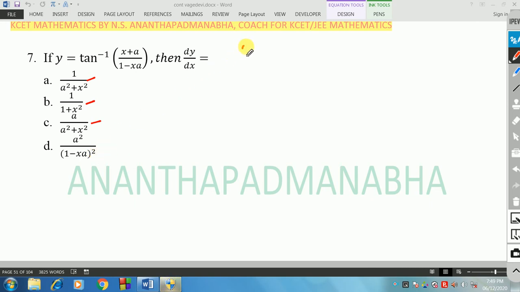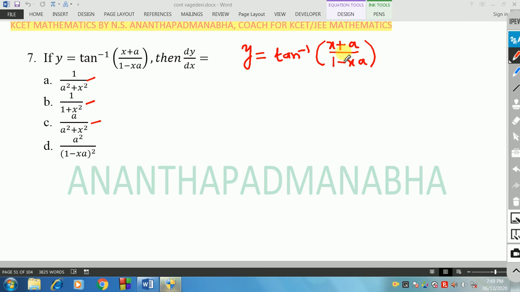So given is y is equal to tan inverse of (x plus a) by (1 minus xa). So this is what is given.